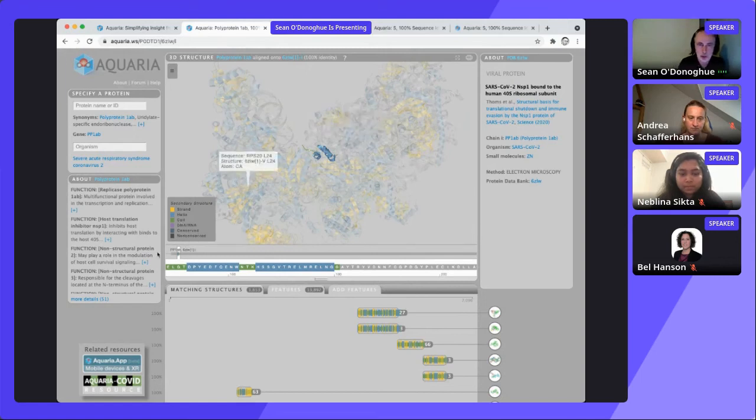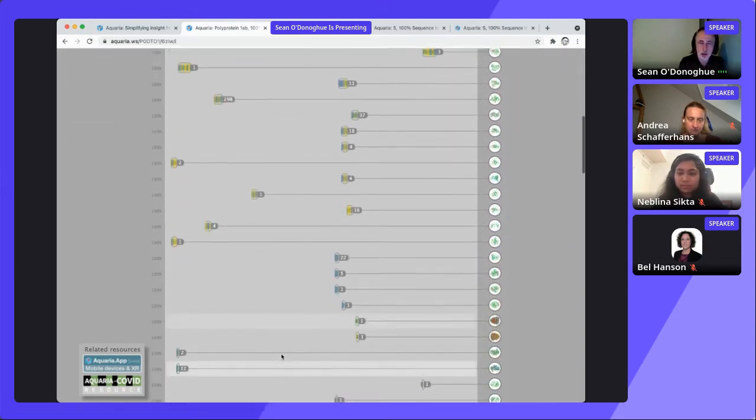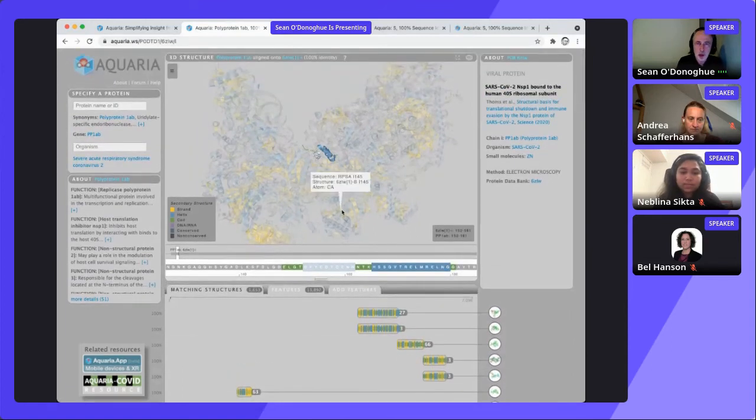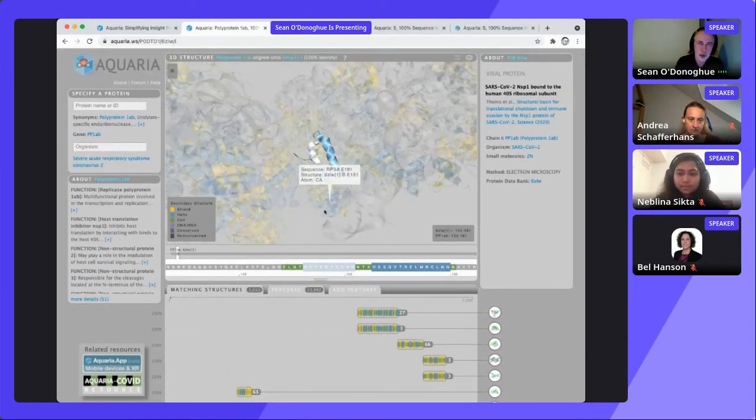So what you're currently focused on is this full thing here. This is actually polyprotein 1A, and this is the small tiny portion of polyprotein 1A where there is some structural information. That is the information shown in that corresponding portion. What we show down below is the coverage layout that Neblina introduced to you. And that's the default coloring scheme that automatically draws your attention to the part of the structure that corresponds to the virus.